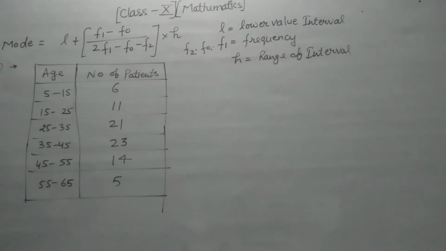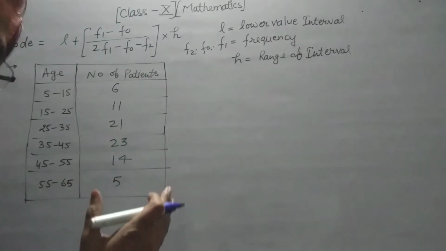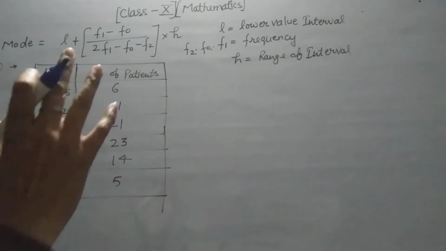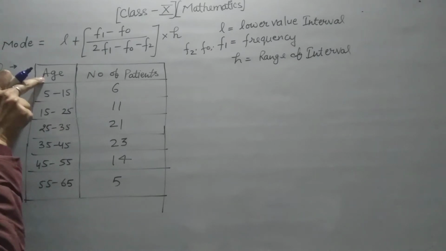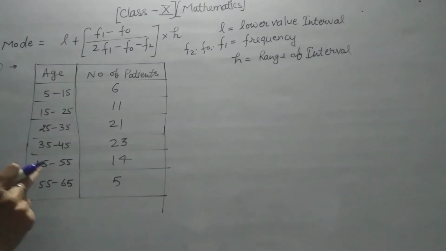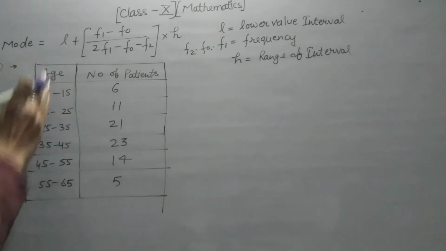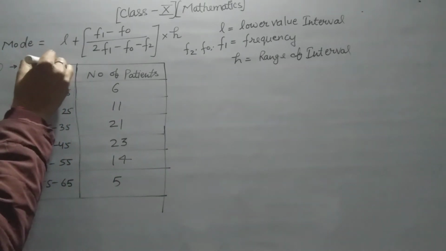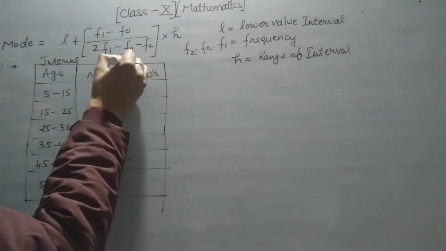So how to find the mode? First of all, you have to check which is the biggest frequency. Here these are all the intervals, and these are all the frequencies.